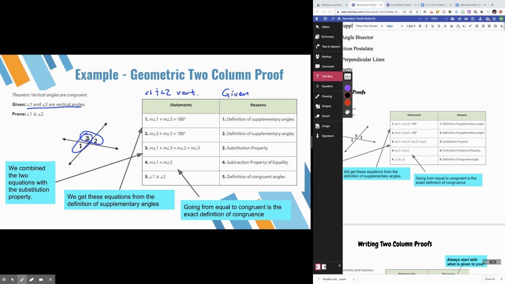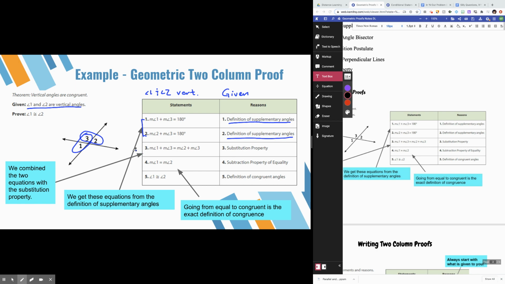Start with the picture and see if there's any relationships that you can pull from the picture or possibly from the given statement. So that's what these first two are. We wrote angle 1 plus angle 3 equals 180 degrees because they're a linear pair or supplementary angles, right? And same thing for angle 2 plus angle 3 equals 180. Those are supplementary angles, so we were able to write those equations, right?